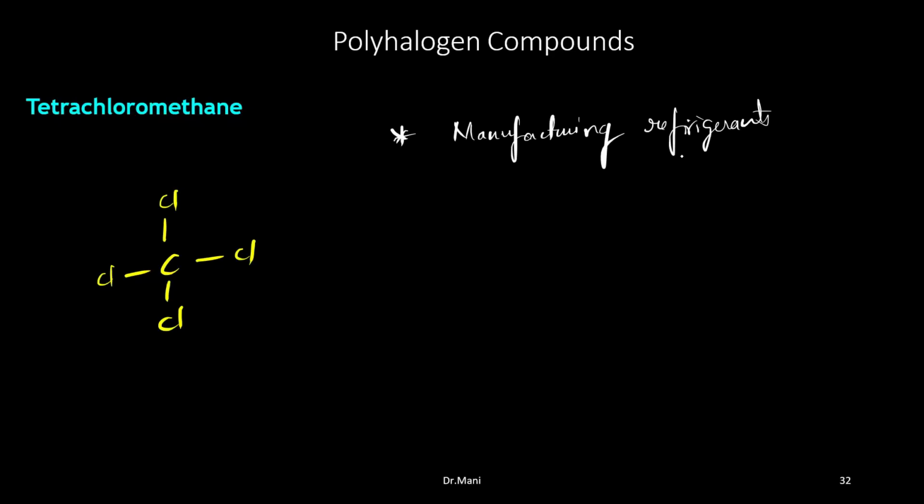So manufacturing refrigerants and propellant for aerosol cans. That means in any spray you use, such as a perfume, some percentage is perfume and some percentage could be these gases. Whenever you press it, the air comes out because of the propellant nature of this tetrachloromethane.